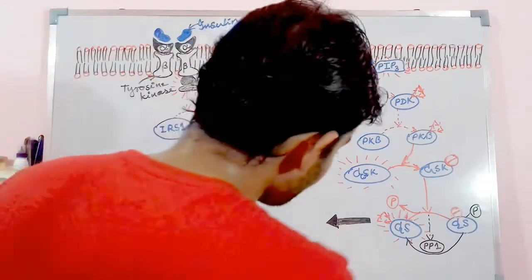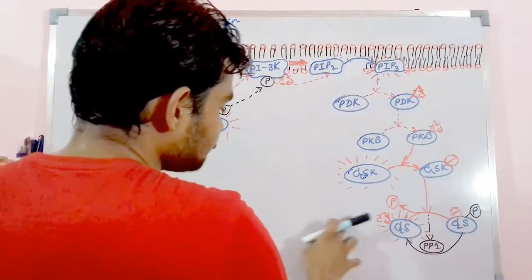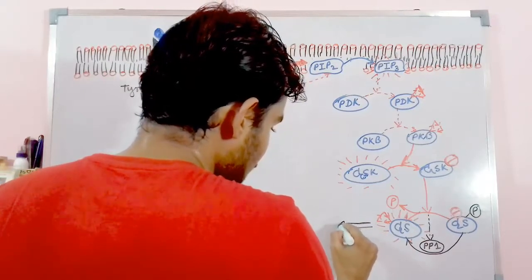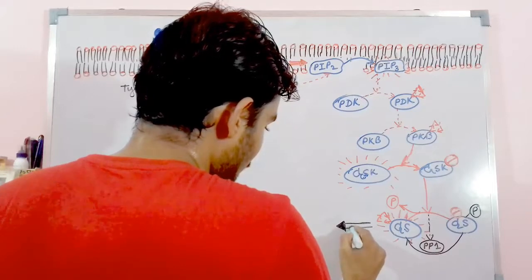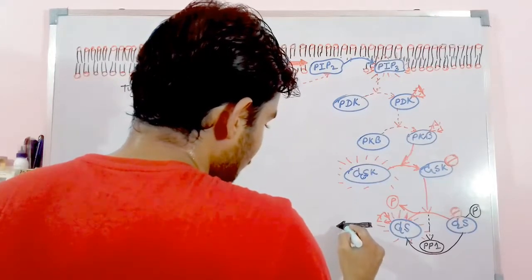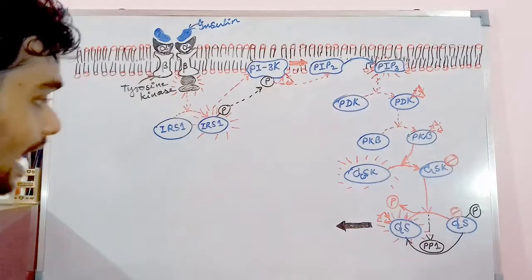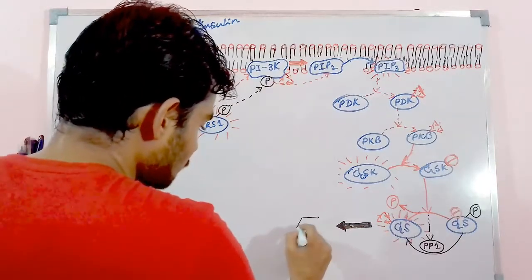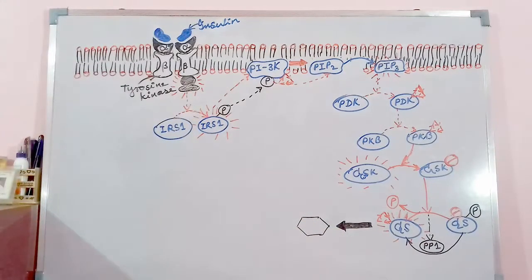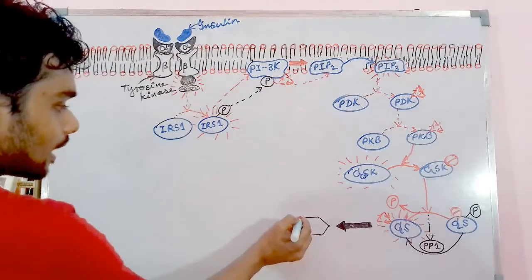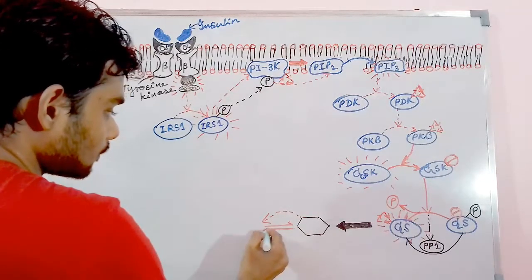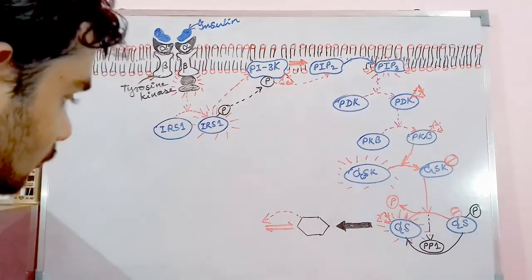Now when this active form of the glycogen synthase would act on the glucose molecule, the glucose anomer, it would help in joining the glucose molecules together and helping the formation of the glycogen.